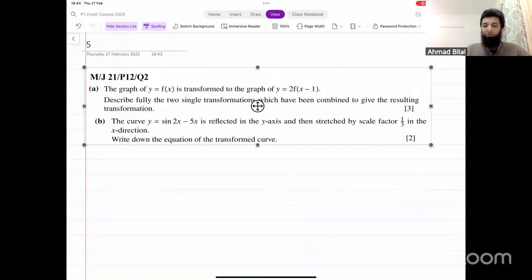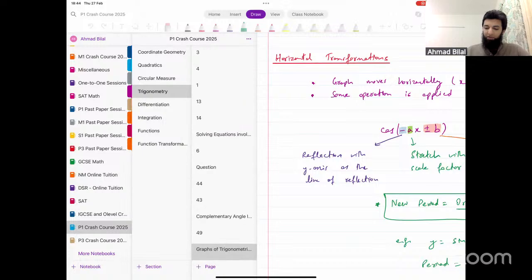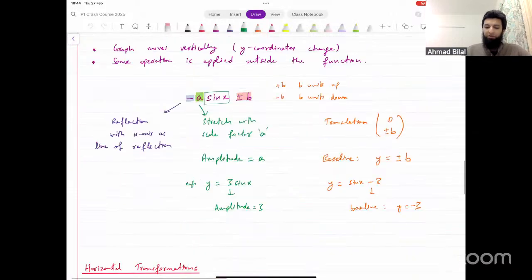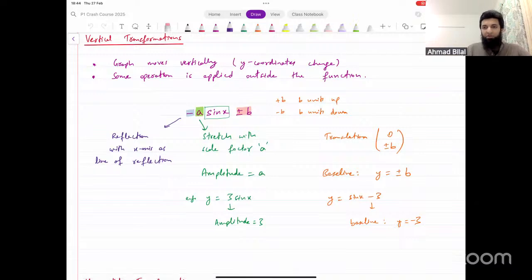Now, before we do the trigonometry ones, remember what we discussed about trigonometric transformations earlier. In sine and cos functions, the number that's multiplying outside represents the amplitude. And the number that's adding or subtracting outside represents the baseline of the graph.